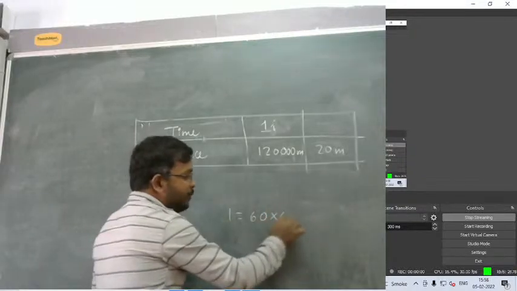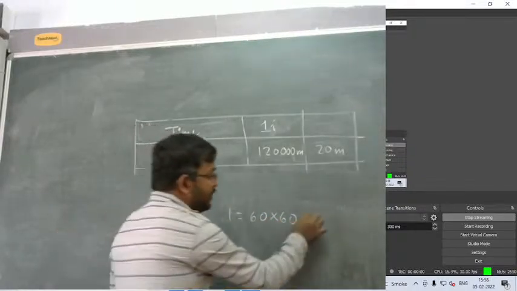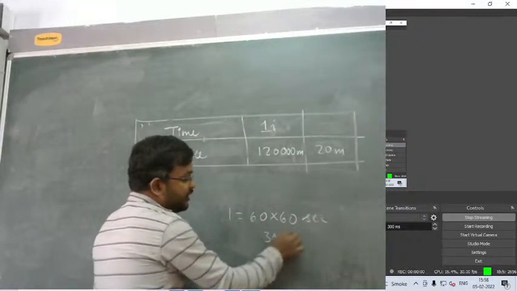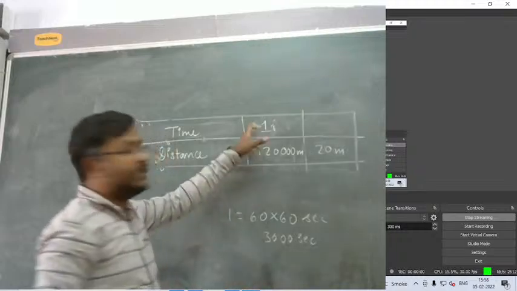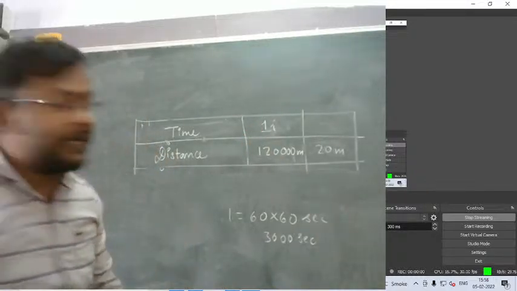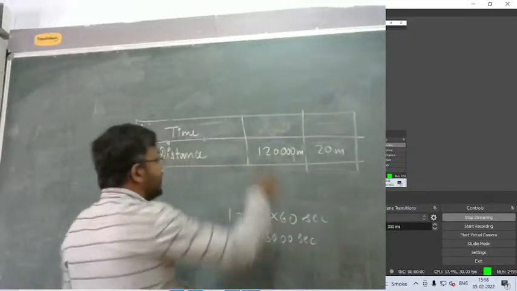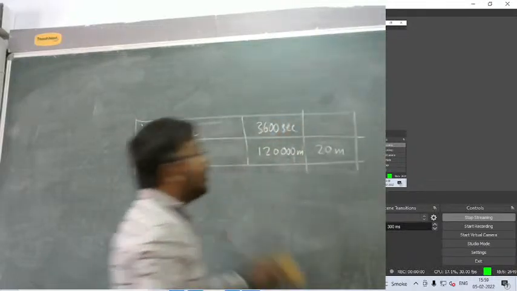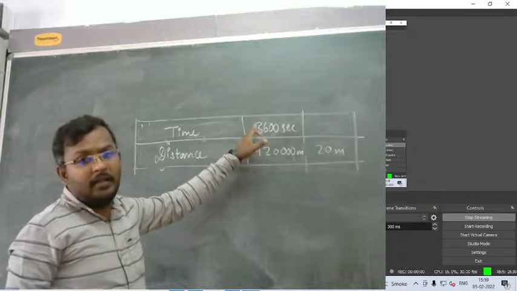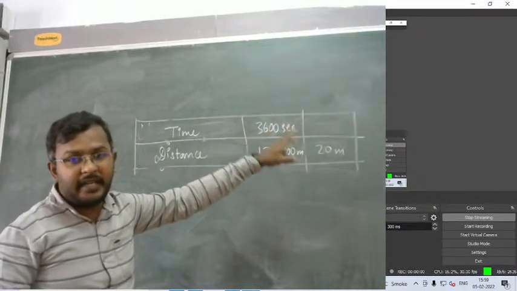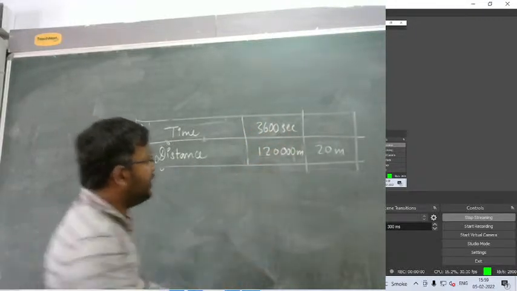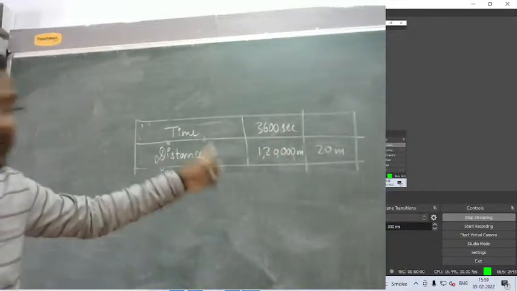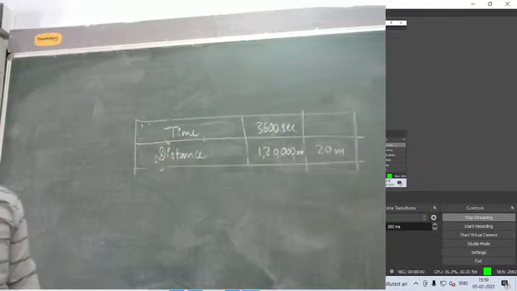So 1 hour is equal to 60 into 60 seconds, that is 3600 seconds. So instead of hours, I am putting seconds. Now in 3600 seconds the ball is traveling 1,20,000 meter.